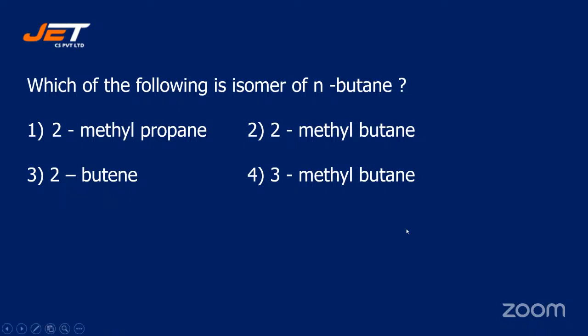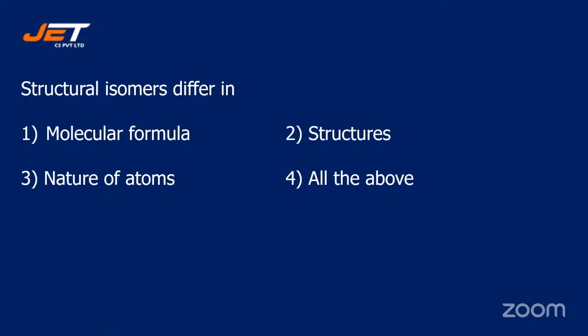I hope everyone has written the answer. There are so many responses. Let's reveal the correct answer, students. The correct answer is option number 2, 2-methyl butane. 2-methyl butane is the isomer of n-butane. Those who have selected option number 2, you all are correct. Next question, students.